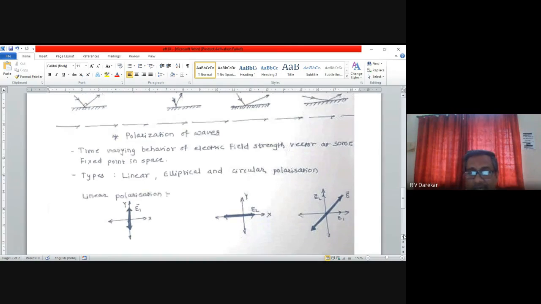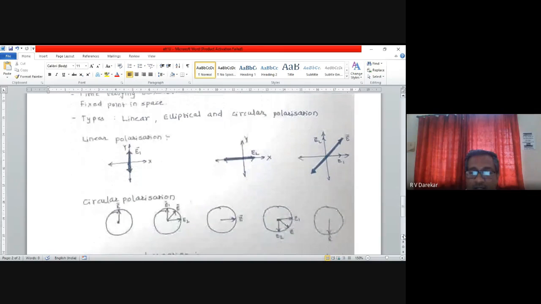In the same way, if the electric field is resolved into two components, E1 bar and E2 bar, of the same amplitude, that is E1 bar equals E2 bar everywhere, it will describe a perfect circular shape, which is considered circular polarization.